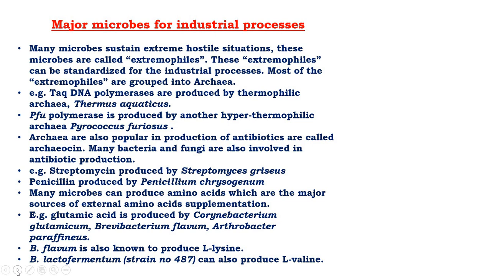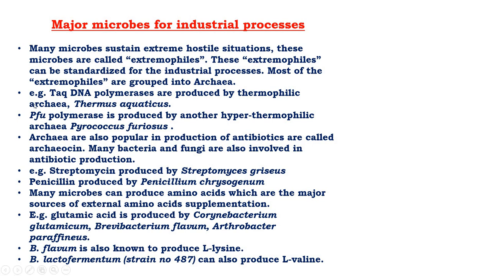And what are very common examples of the utilization of extremophiles for industrial application? Taq DNA polymerase. You all know Taq DNA polymerases are utilized for PCR applications, and these are produced by the thermophilic bacterium Thermus aquaticus, which produces the heat stable Taq DNA polymerase.